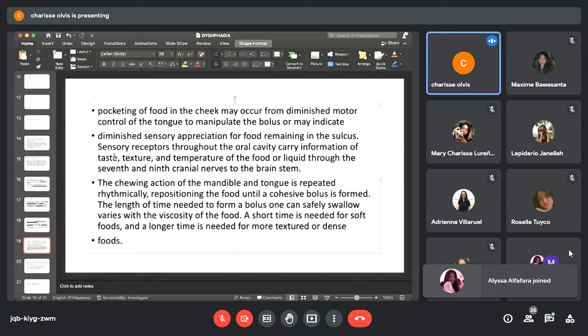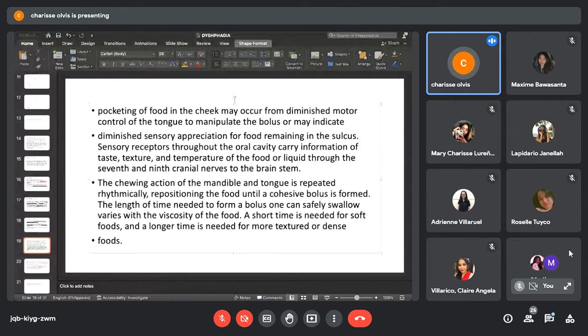Sensory problems, because, for example, with drooling or food pocketing, they cannot distinguish that saliva has dripped because they have poor sensory functions like poor tactile.